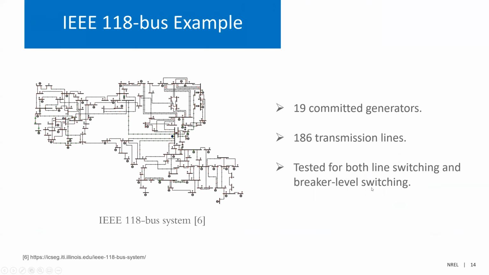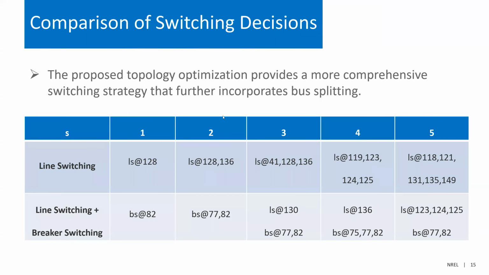To further test how it can help us reduce the generation cost, we decide to use a larger 118-bus system here, which has 19 generators and 186 transmission lines. This table gives the results of the switching decisions under the traditional line switching framework and our proposed method here.